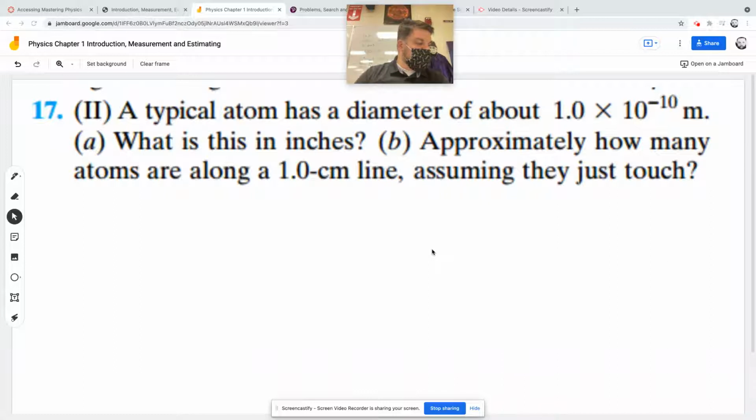So this is just a straight up conversion. So we start with what's given to us. So we're going to say 1.0 times 10 to the negative 10, which is an angstrom. 10 to the negative 10 meters is an angstrom. I'll tell you that a lot.